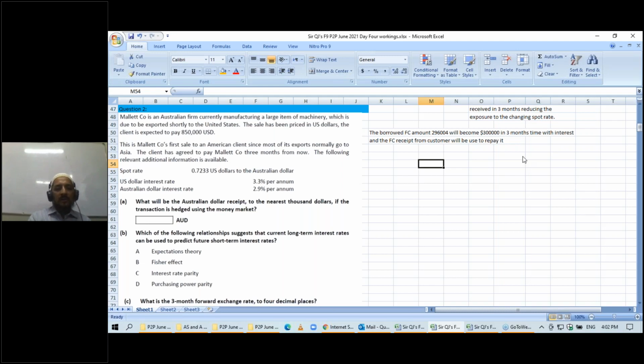The first requirement is about what cash in the local currency the company will collect if they set a money market hedge. So it's a revision of the last day's work as well.